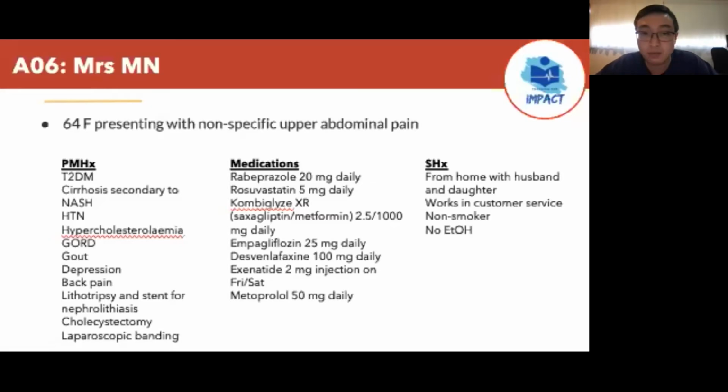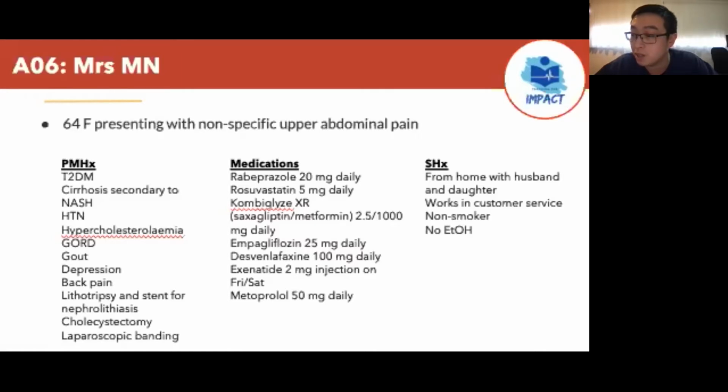Yeah, perforated ulcer, fantastic. I'm not familiar with the differential that Wai Chung has suggested, but worsening cirrhosis, yeah, maybe.